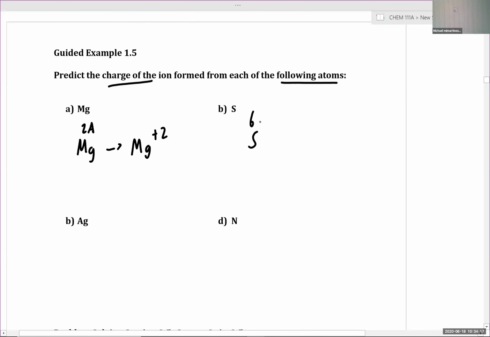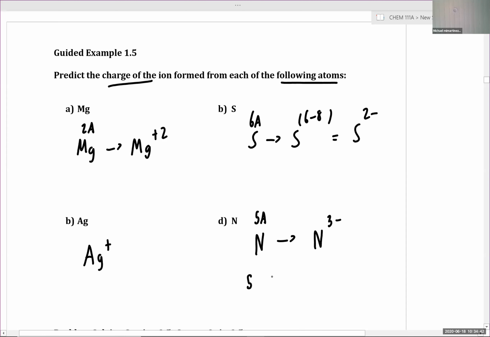Sulfur, which is a 6A element, will prefer to form sulfur 6 - 8, which is S2-. Silver is a fixed charge transition metal, so it'll prefer to form silver+. And nitrogen, being a 5A element, will prefer to form nitrogen 3- because 5 - 8 is -3.